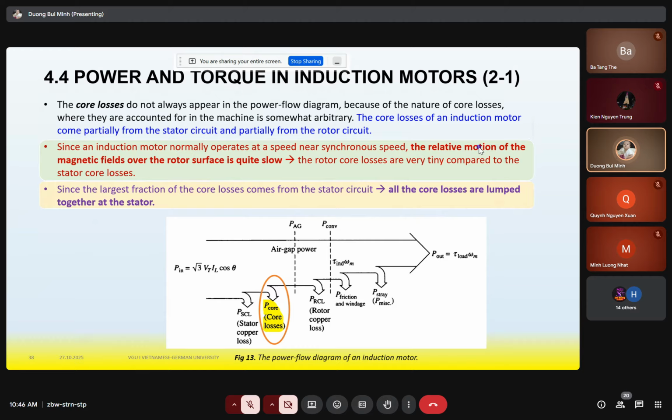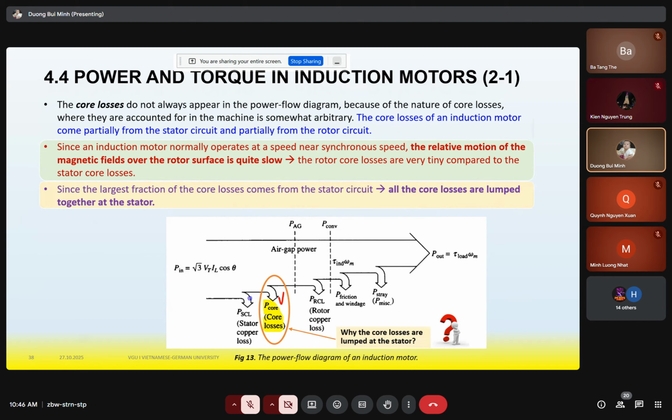But we only focus on stator core losses because the rotor one is very hard, and we skip the core losses coming from the rotor magnetic circuit. This is the reason we only have the core losses at the stator side.